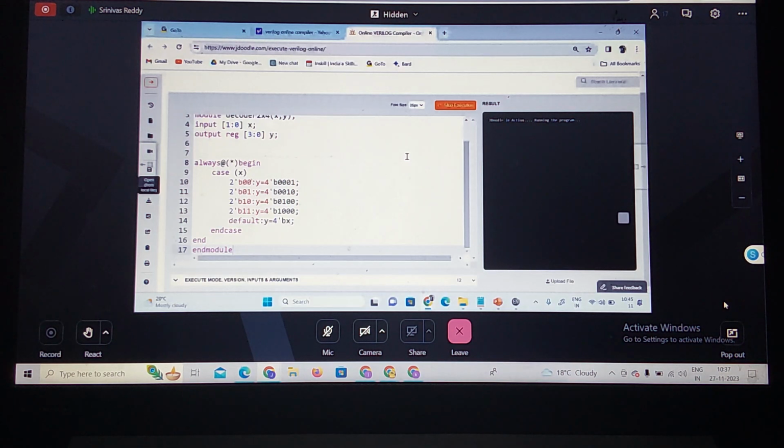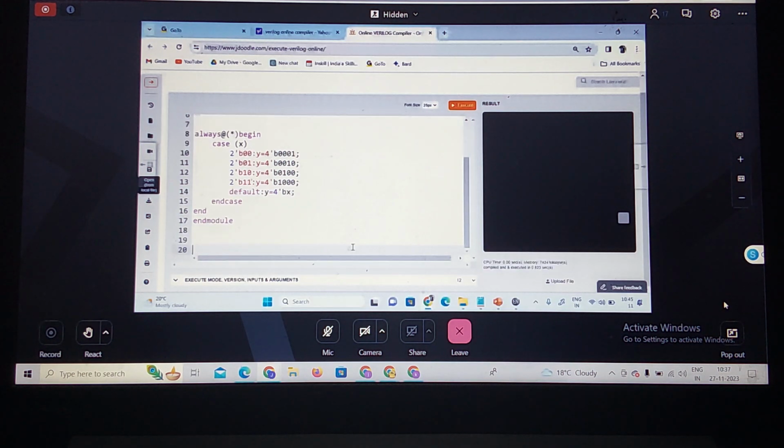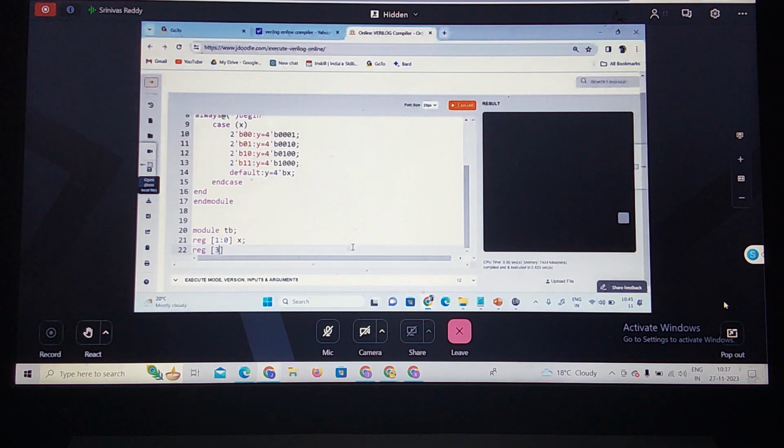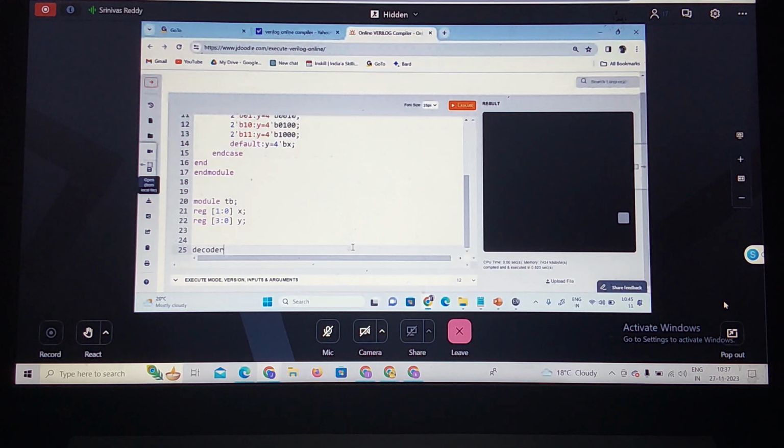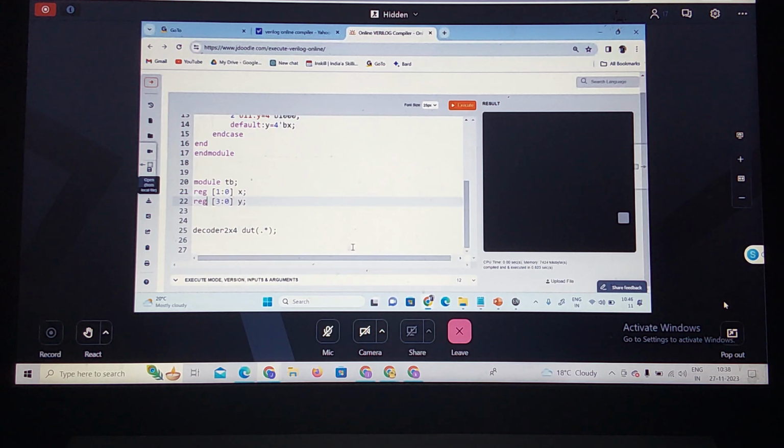Fine now. Now let us quickly write the testbench for this module. TB. Then reg 1 down to 0 of X, and wire 3 down to 0 of Y. So this is the 2x4 decoder, DUT. Let us do the port connection by name. This should be the Y data type.